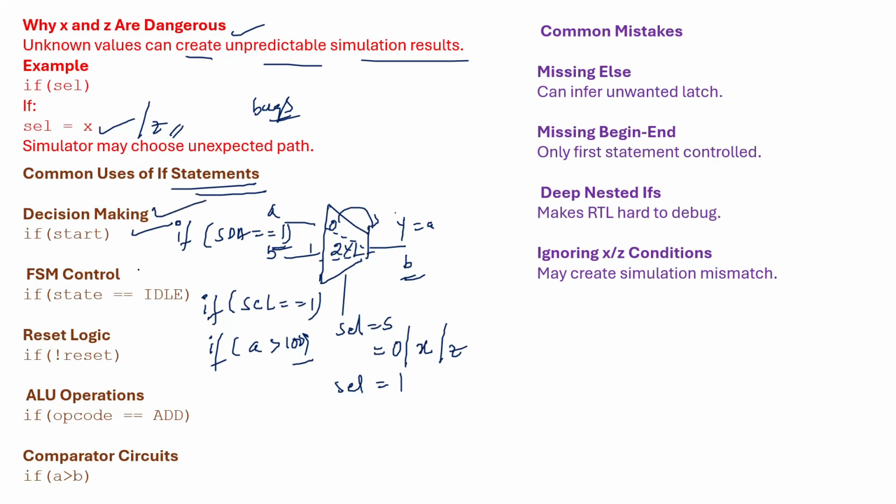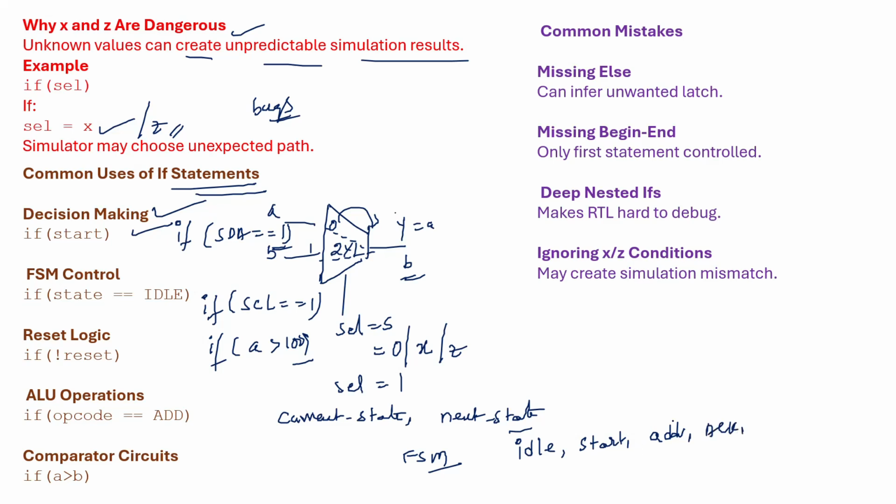And also FSM control. FSM control means I am taking the current state and then the next state, and based on this I am going to execute my finite state machine. This FSM has some conditions like the idle condition, then the start condition, then an address phase or an acknowledgement phase.